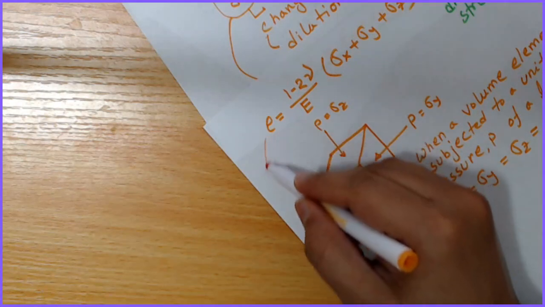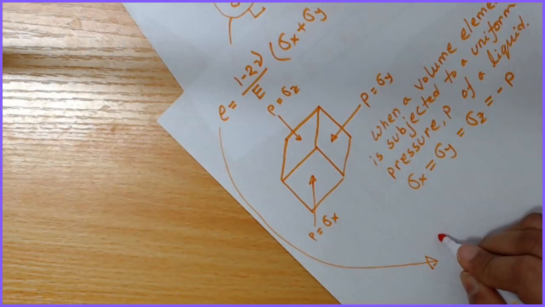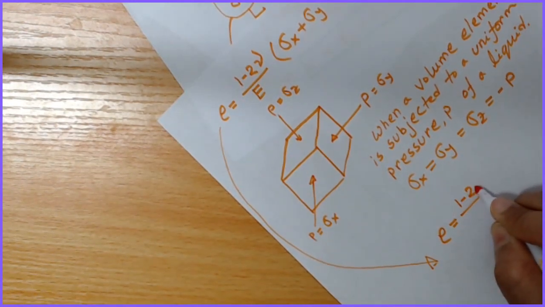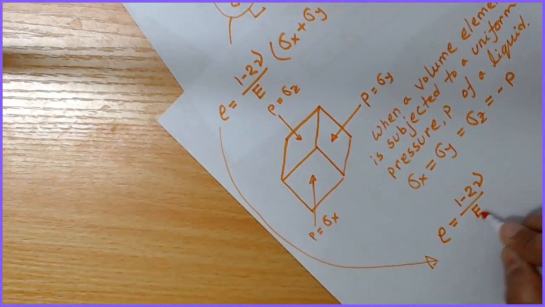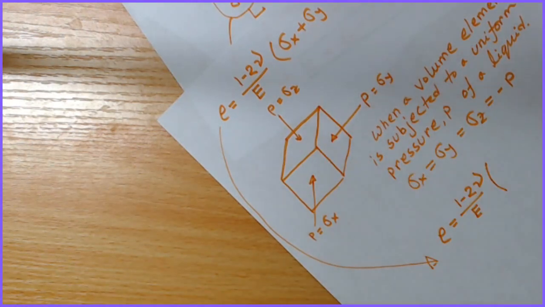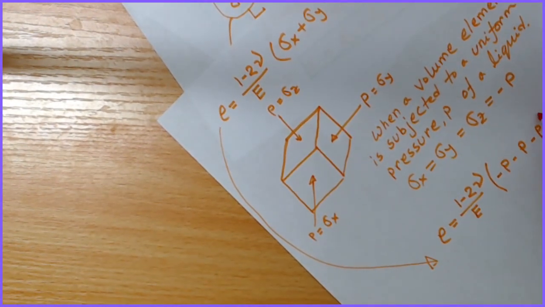Now use this equation. E equal to (1 minus 2 nu) divided by capital E, where capital E is the Young's modulus, and we replace sigma x, sigma y and sigma z with minus p, minus p, minus p.